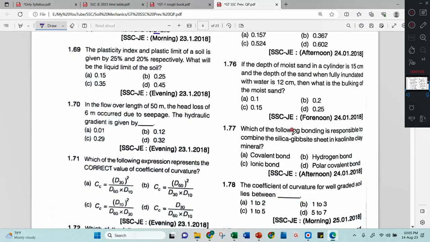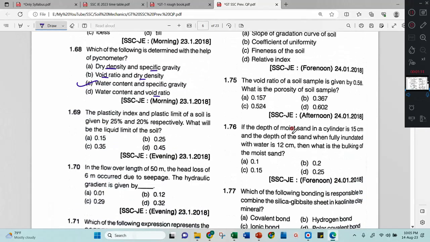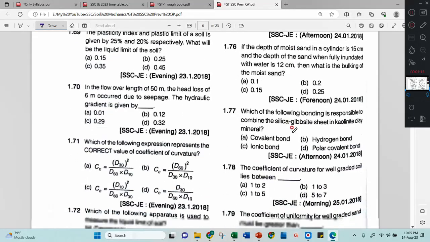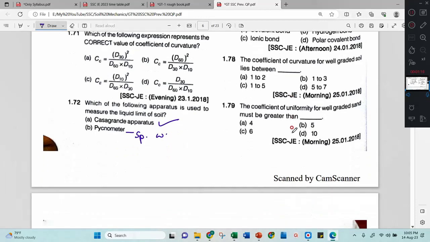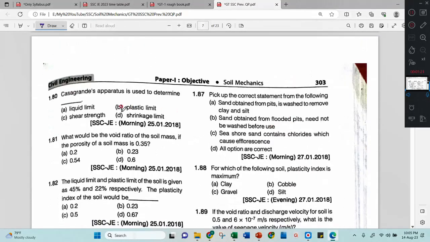B answer. Can solve that later. Next, will come to coefficient of curvature, well graded, coefficient of uniformity. Casagrande apparatus is used to determine what? Liquid limit.